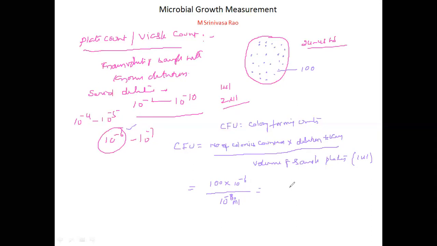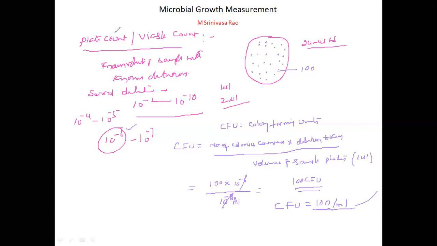Now this will get cancelled, and you have CFU equal to 100 colony forming units per ml. This is how you are going to get the viable count of the bacteria.